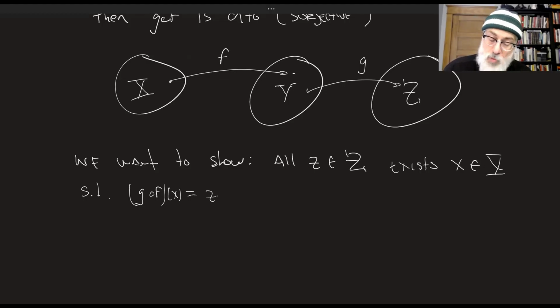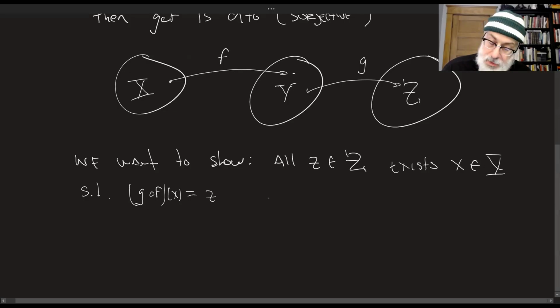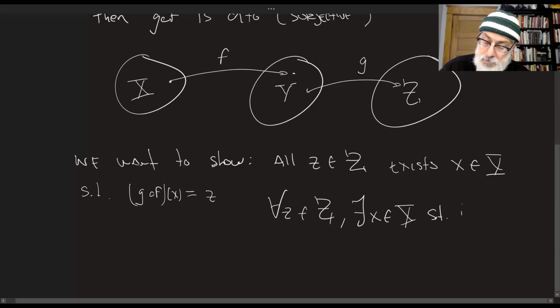Okay, so another way to write this, if you like, this notation: for all z in Z, there exists an x in X such that g of f of x equals z.